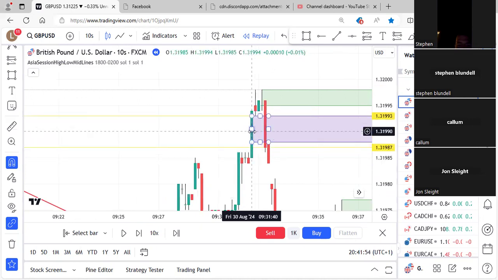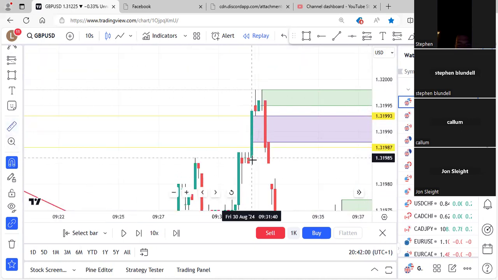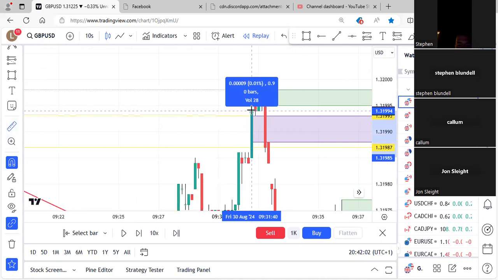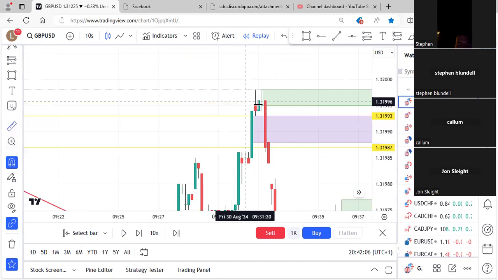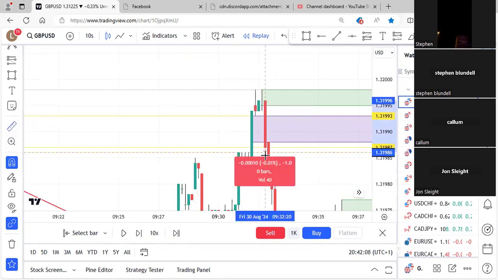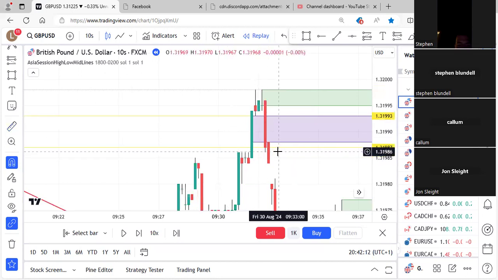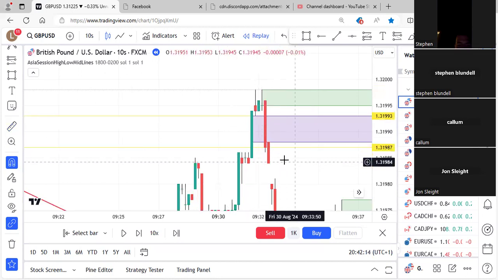So bearing in mind this is the 10-second and these candles here are pretty big, it's pretty much a pip in 10 seconds that way. Assuming it's just under that on the way back, about the same on the way back. So yeah, a full pip in 10 seconds is a pretty big push.